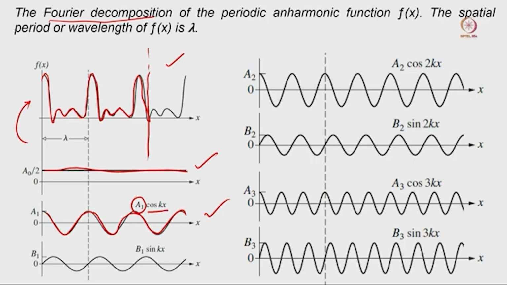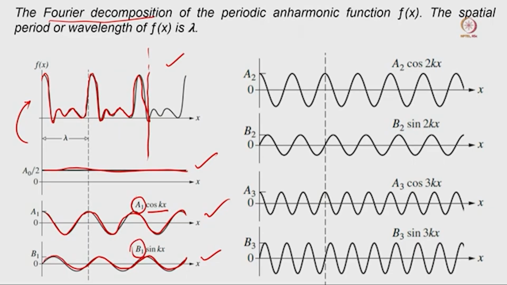Then if I have a third option, I will select a wave that goes up and down like this, with amplitude B1 and sin kx.